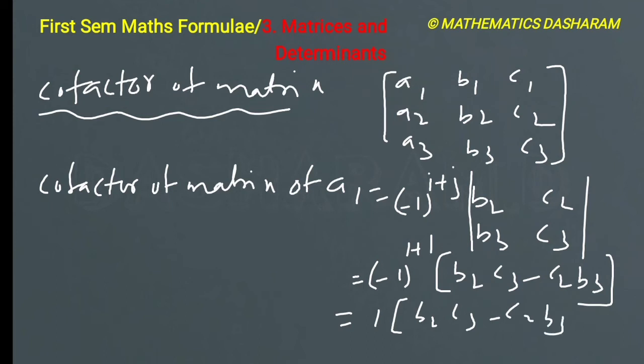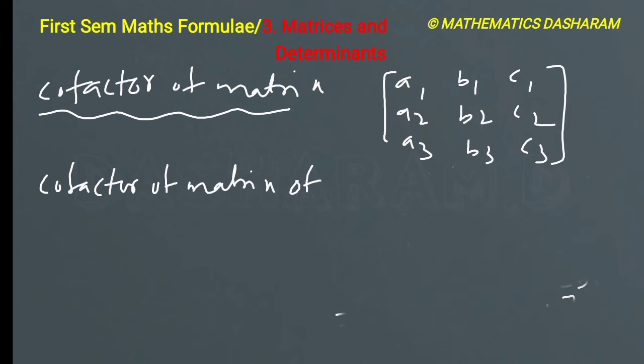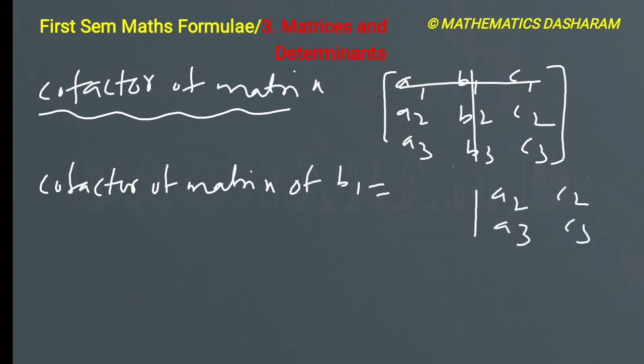Similarly, let us find out the cofactor of element B1. First of all, its minor is the determinant of A2 C2 A3 C3. This minor multiply with minus 1 whole power i plus j.